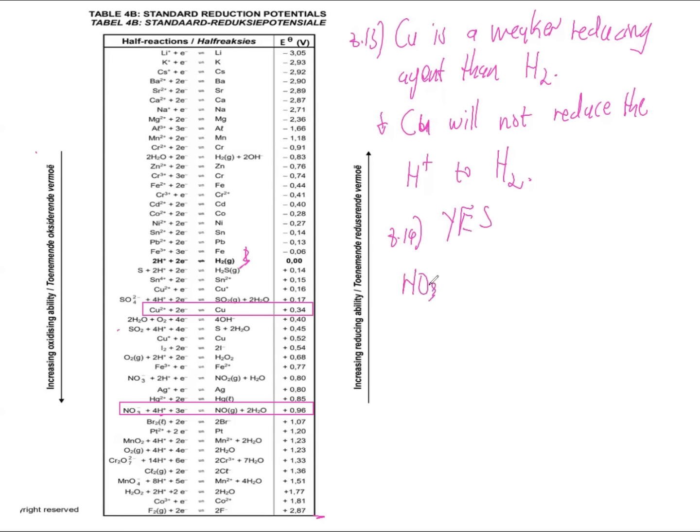NO3 minus. Remember, when we are talking about oxidizing agents, we are referring to the ones on the far left. NO3 minus is a stronger oxidizing agent than Cu2 plus, right?